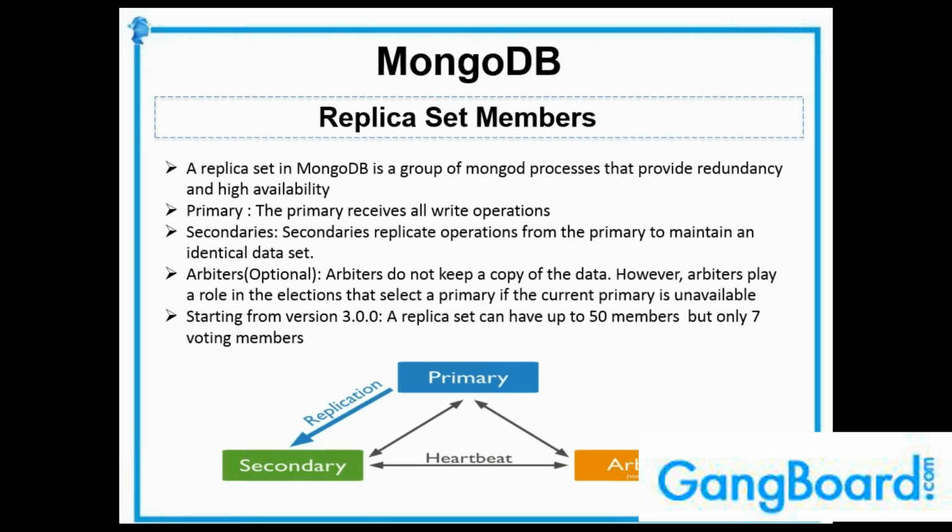Next thing is for voting. For election, you always need to have a majority, like our assembly election. Then only any of the nodes can become a primary. Majority means number of replica set members divided by 2 plus 1.